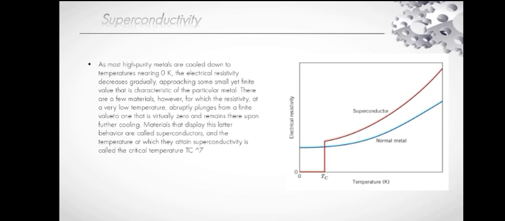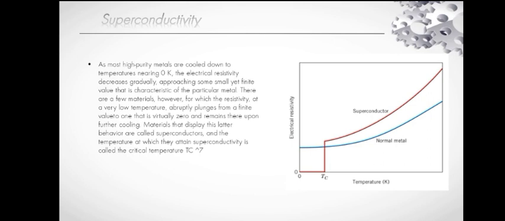There are a few materials, however, for which the resistivity at a very low temperature abruptly plunges from a finite value to one that is virtually zero, and remains there upon further cooling. Materials that display this latter behavior are called superconductors, and the temperature at which they attain superconductivity is called the critical temperature.